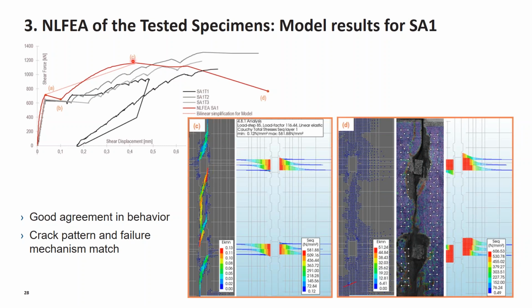We can see now the peak load. The failure mechanism is again in good agreement with the experimental observations. We can see the yielding of the anchor bars, and after the reaching of the peak load, the specimens during experiment behaved in a very brittle manner.